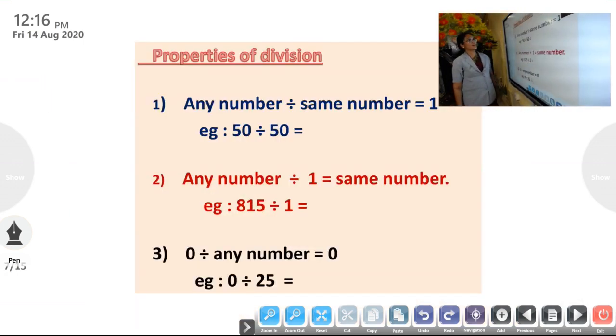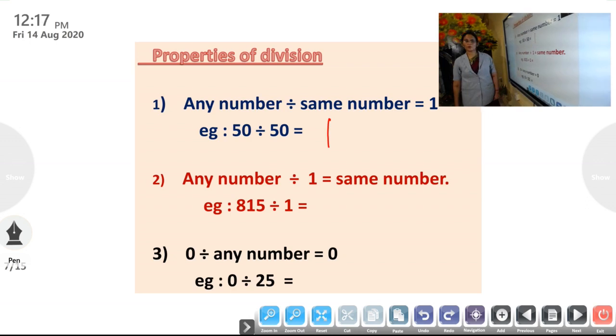Then properties of division. First one is, any number divided by the same number gives 1. Example, 50 divided by 50. What is the answer? It will be 1.